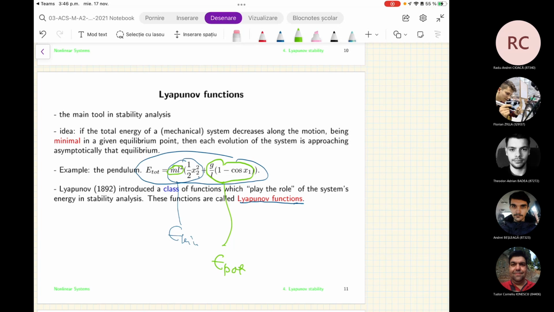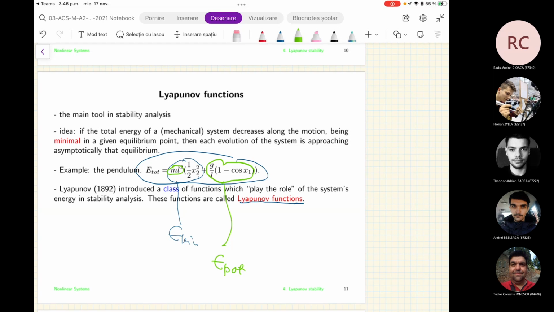Okay. What can you notice about this function? First of all, what's something peculiar to this function? How is this function? x2 squared and 1 minus cosine of x1.